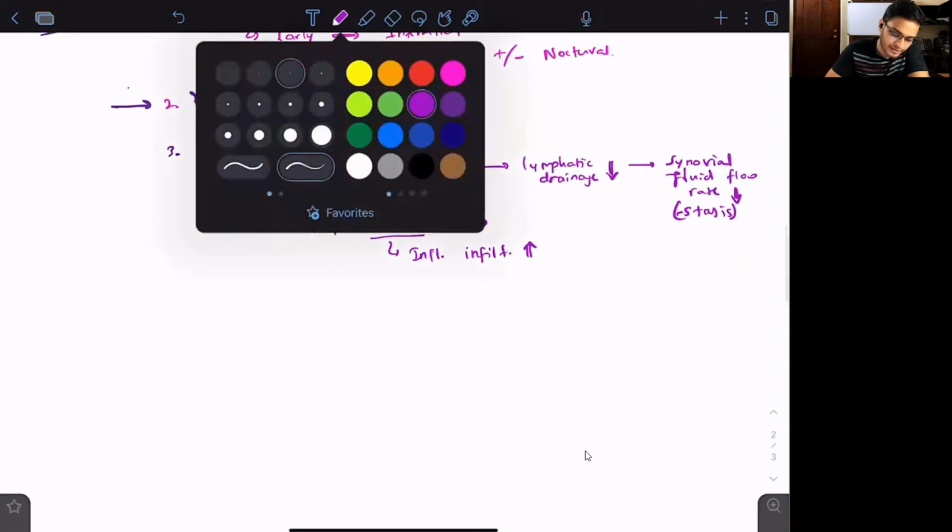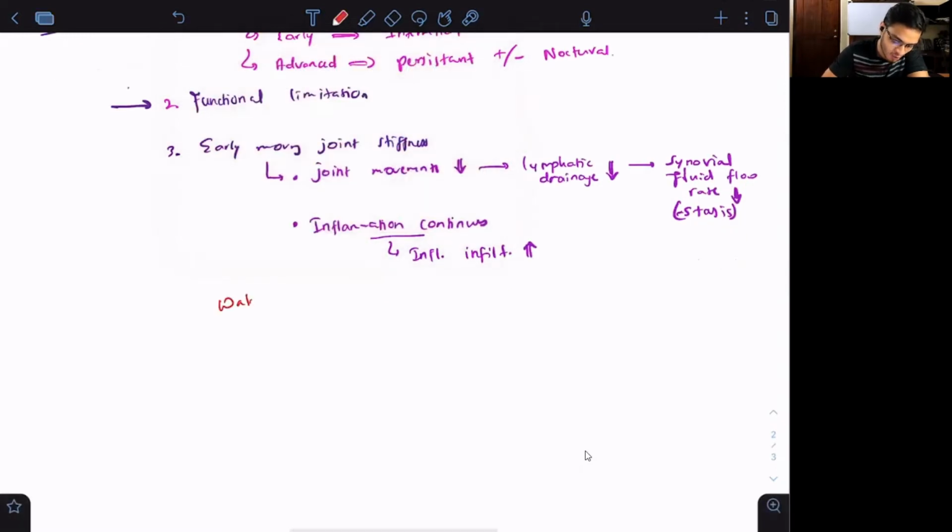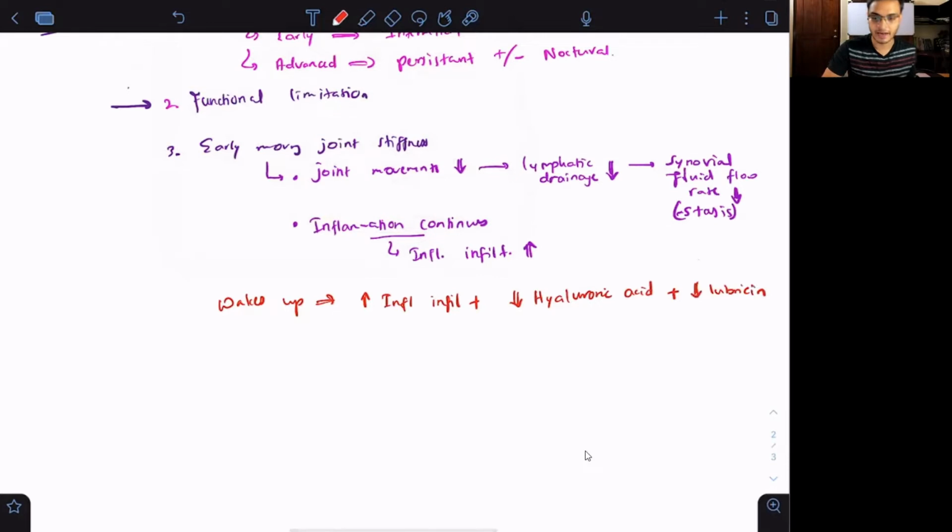Now, look at this, guys. When the patient wakes up, what is his joint going to have? There is going to be increased inflammatory infiltrate, plus reduced hyaluronic acid, plus reduced lubricin can be there.